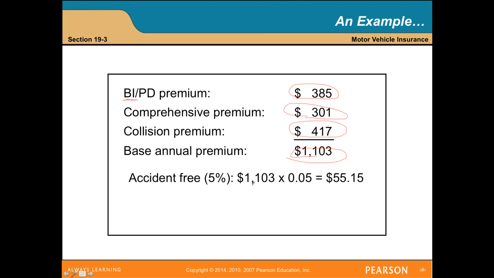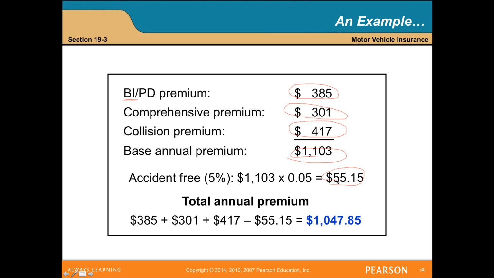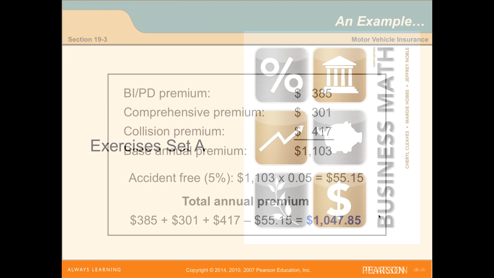So that's 1,103 times 5%, which as a decimal is 0.05, and that equals $55.15. And that's what we're going to subtract from all this. So we have 385, 301, plus 417 minus the discount equals $1,047.85 as the total annual premium.